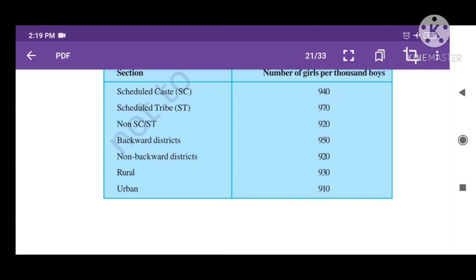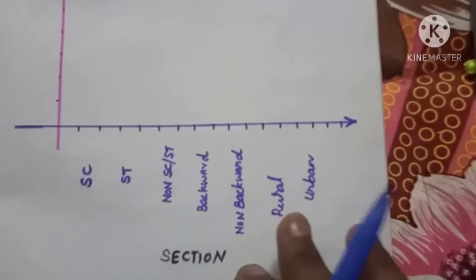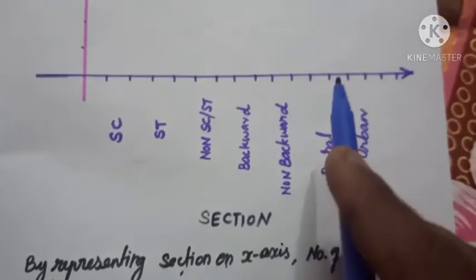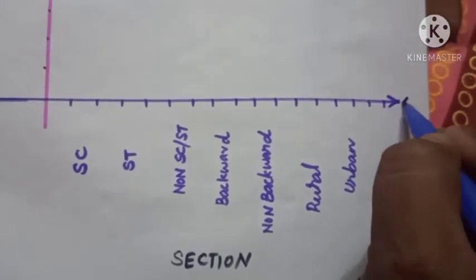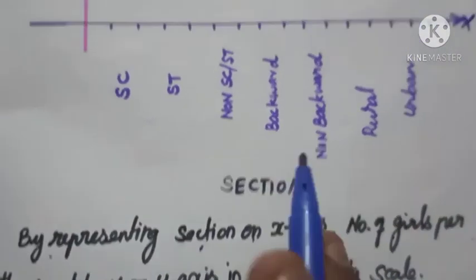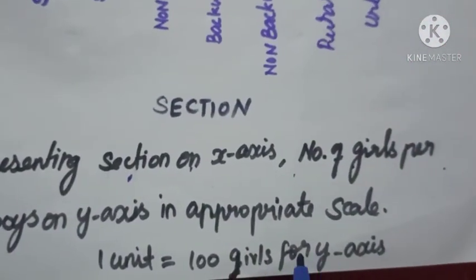I will explain that question in detail by the graphical method. The first question is graphical representation. So as already told, we take the sections on the x-axis, and the number of girls per 1000 boys on the y-axis. How many units? 1 unit is equal to 100 girls on the y-axis.